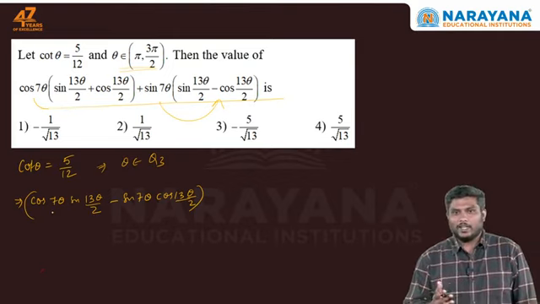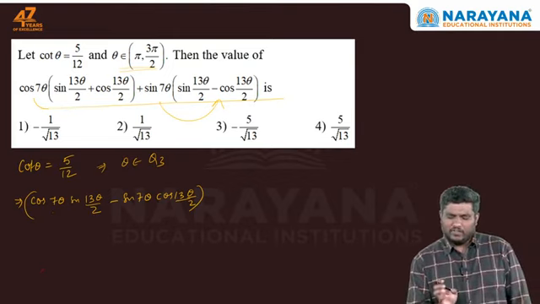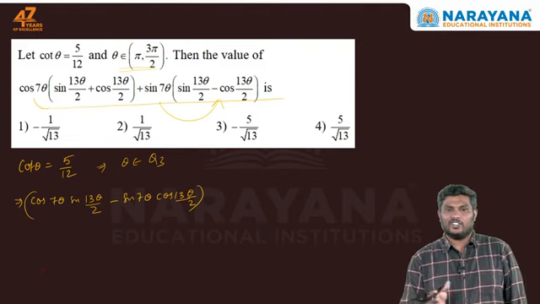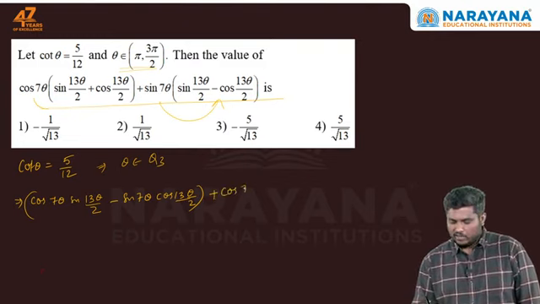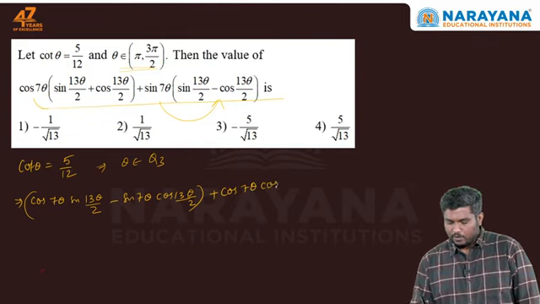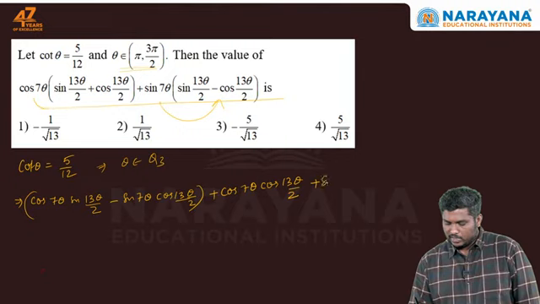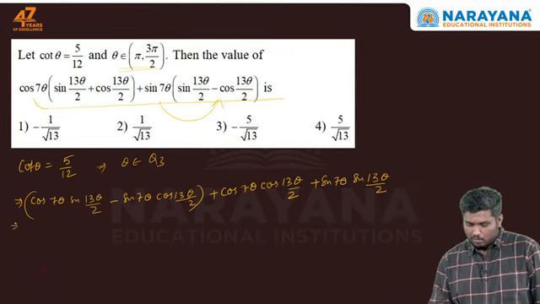I'm just multiplying and it is splitting. So it is given slightly hidden, but it is still visible. Plus cos 7 theta cos 13 theta by 2 plus sine 7 theta sine 13 theta by 2. So guys, what is this one?